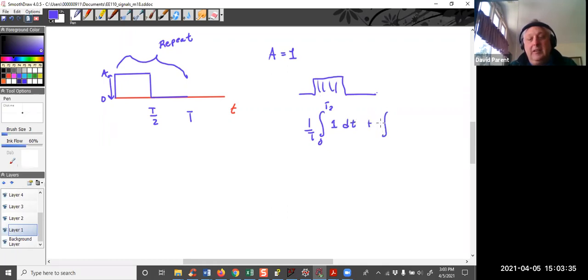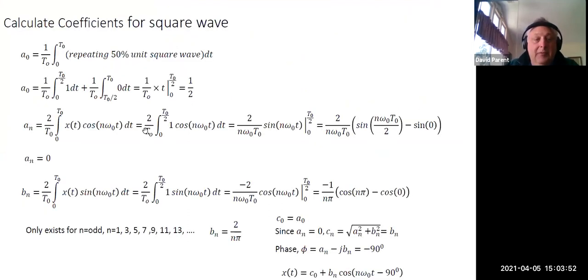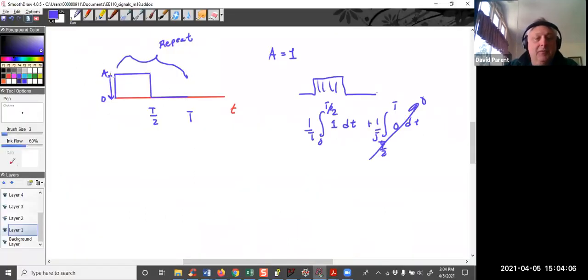And then the other half would be t divided by 2 to t, integrating 0, but that would go to 0. And that's what this says right here. I'm integrating for half the period, it's 1. For the other half, it's 0. And it turns out to be a half. The average of that, if that's 1 and it's on half the time, is a half.